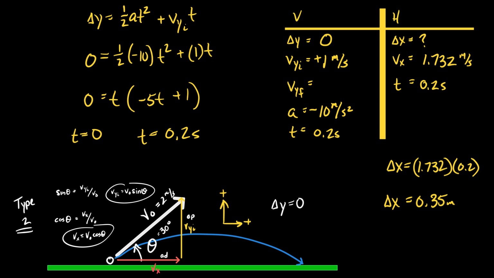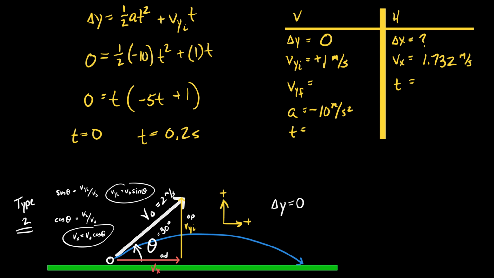So let's say the next question is, what is the maximum height? Well, none of this that we've figured out for where it lands is going to be necessary. The initial stuff will be necessary, but it's no longer landing, so this delta y is not going to be 0. In fact, if you're asked for the maximum height, you're being asked to find delta y.